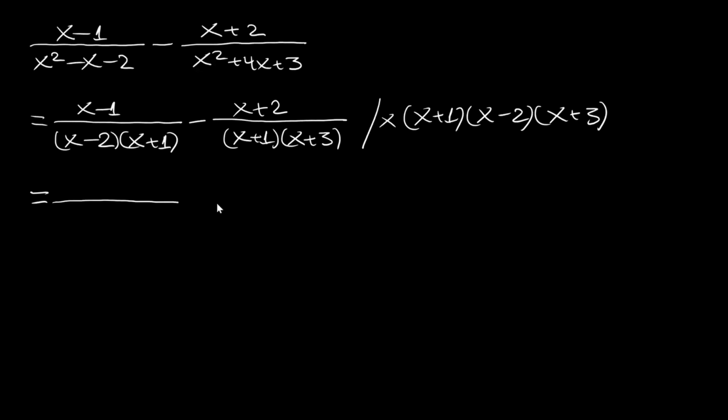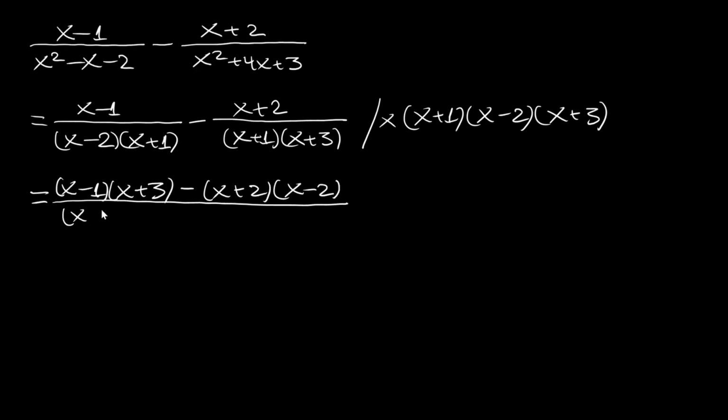Well, this is our line, and we get x minus 1 times what's left here, x plus 3, minus x plus 2 times x minus 2 over that whole thing, x plus 1 times x minus 2 times x plus 3.